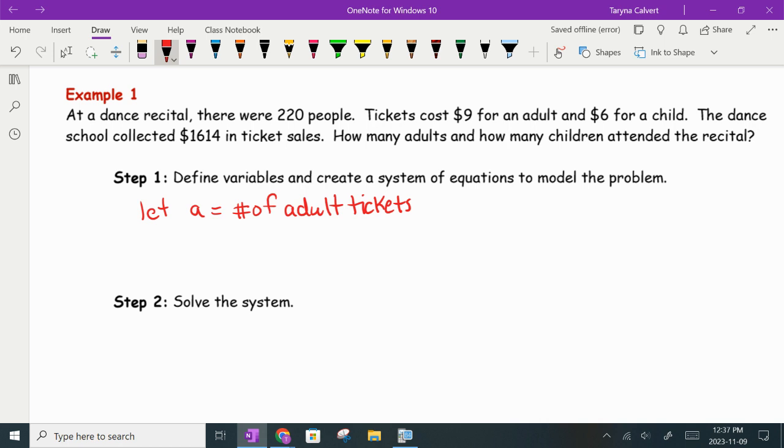Writing adults right beside the A is not good enough. It has to be more specific. What about the adults? Because again, it could maybe be the cost of an adult ticket, even though it's already in the question. You have to be a little bit more specific than just adult beside A. And then what do you guys want for child? Any guesses? Guess what I'm going to use? C.